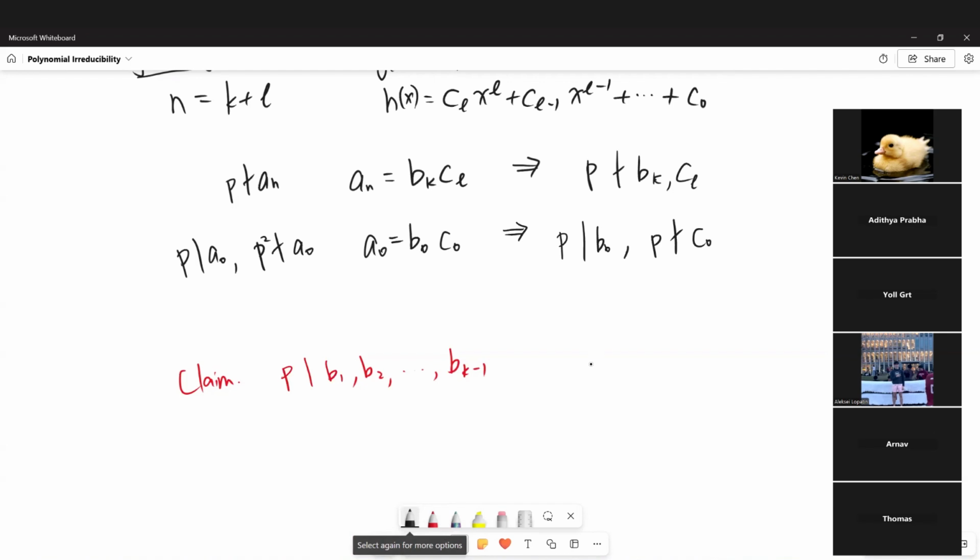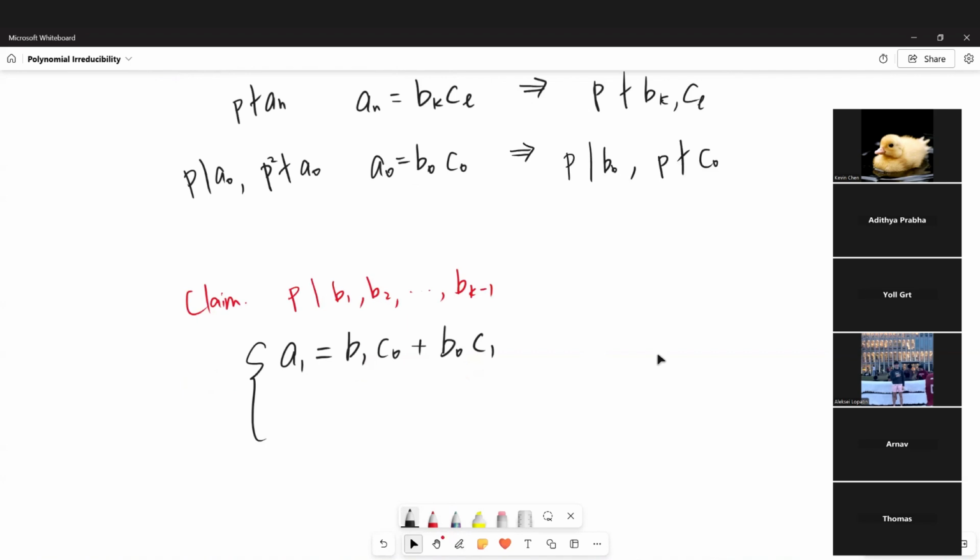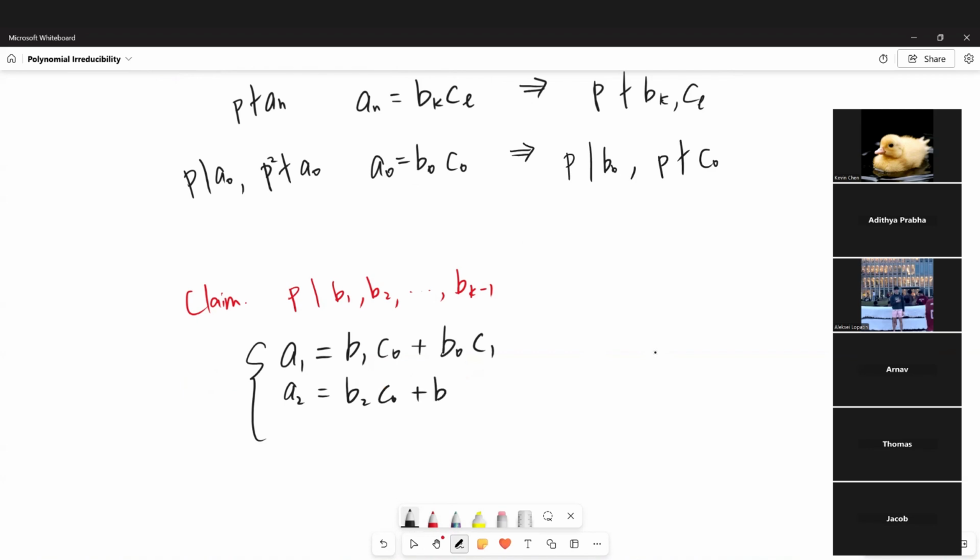So basically, for a_1, we have a_1 equals b_1 times c_0 plus b_0 times c_1. And similarly, we have a_2 is equal to b_2 c_0 plus b_1 c_1 plus b_0 c_2.